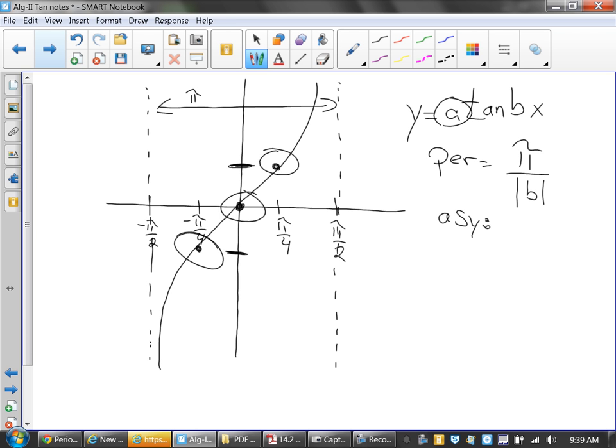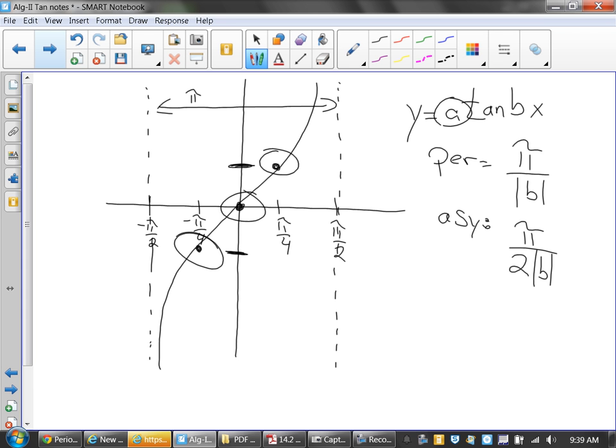Your asymptotes are going to always be at these odd multiples of pi over 2 absolute value of b. You'll see how it works out real quick when we do a couple examples without the shift.